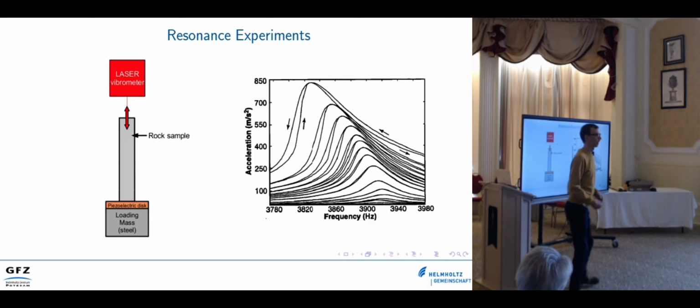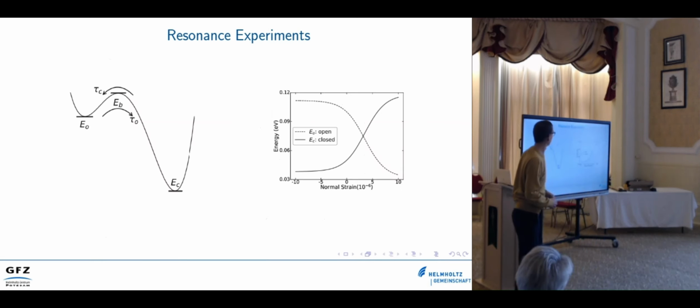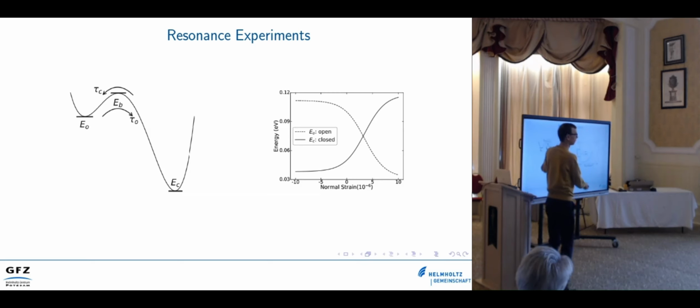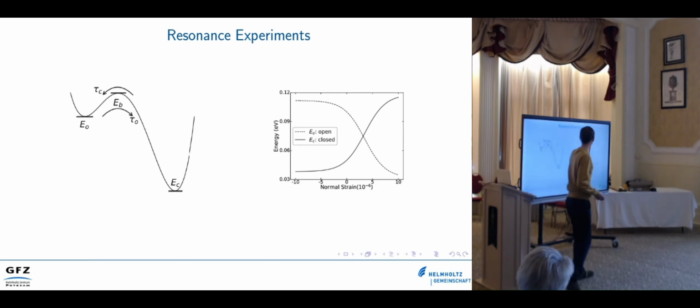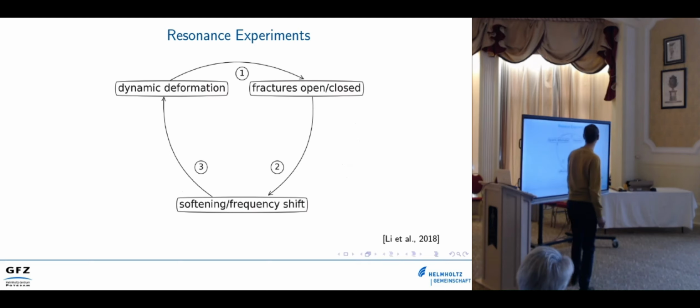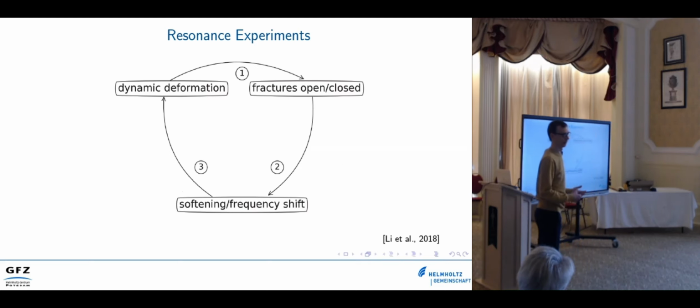And we have this decrease with increasing amplitude. And we've used this concept that I've just introduced with these 2 different equilibria in a contact, which has all the different energies depending on the normal strain, to reproduce these resonance experiments.